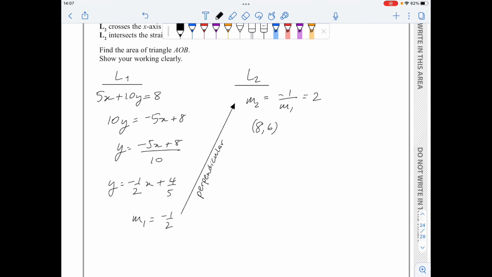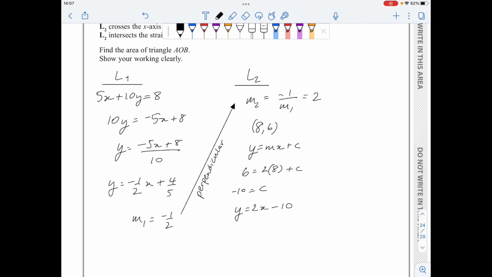So let's find the equation y equals mx plus c. 6 equals 2 times 8 plus c. c comes out to be minus 10. So the equation is y is equal to 2x minus 10.